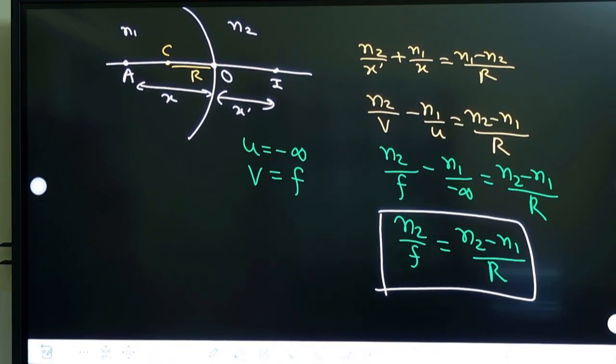Let me check, because the power definition for a surface is different. Did you see the modules? Let's check how power for a surface is defined.